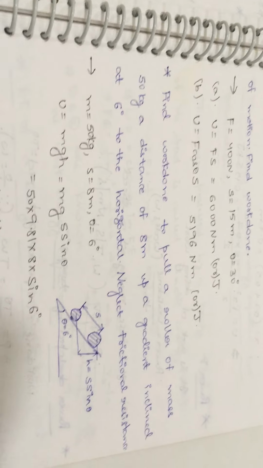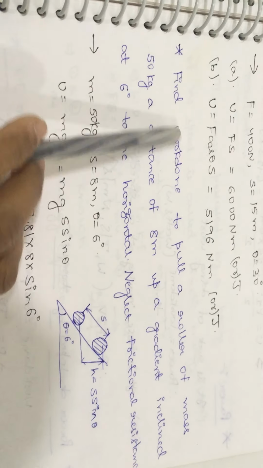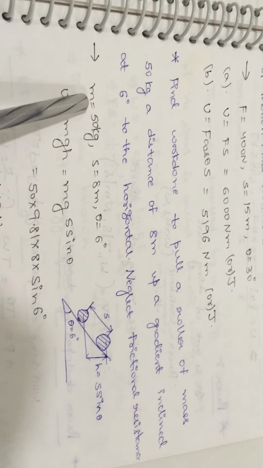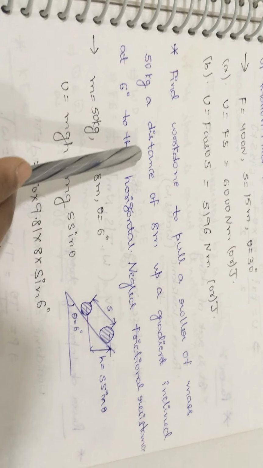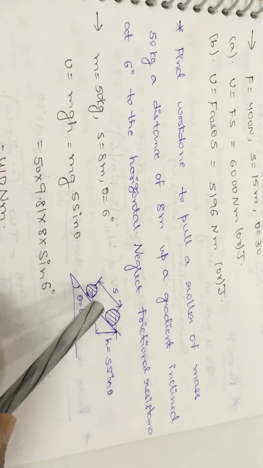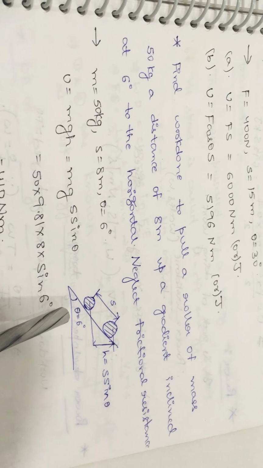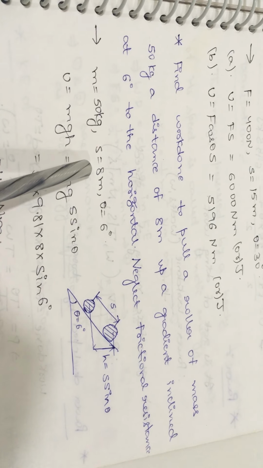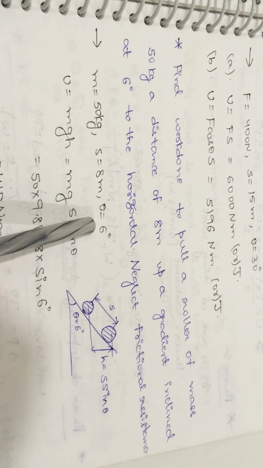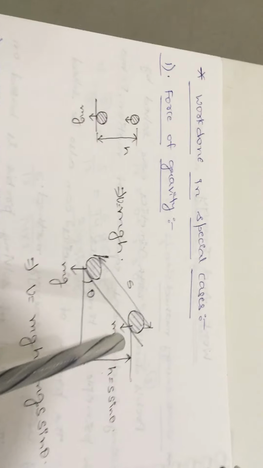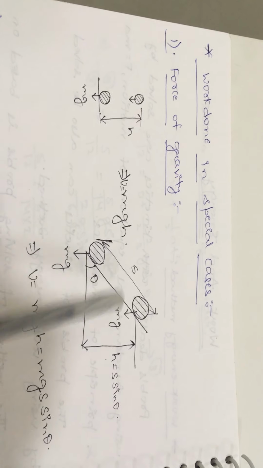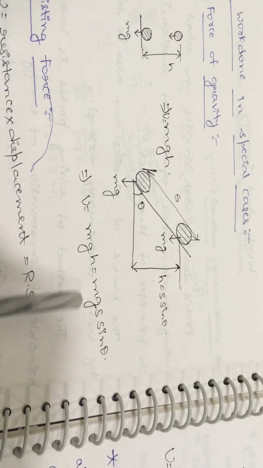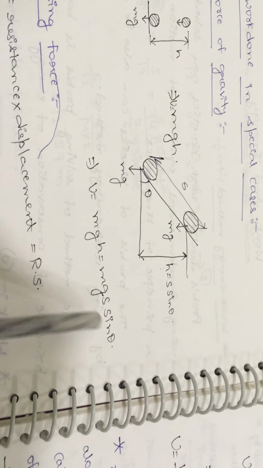Now in the second problem, find the work done to pull a roller of mass 50 kg. So the mass value is given as 50 kgs and a distance of 8 meter up a gradient inclined at 6 degrees. So S value is given as 8 meter and theta value is given as 6 degrees. So according to the first special case, due to the force of gravity in the second diagram, you will get the formula for the work done as mgs sin theta.